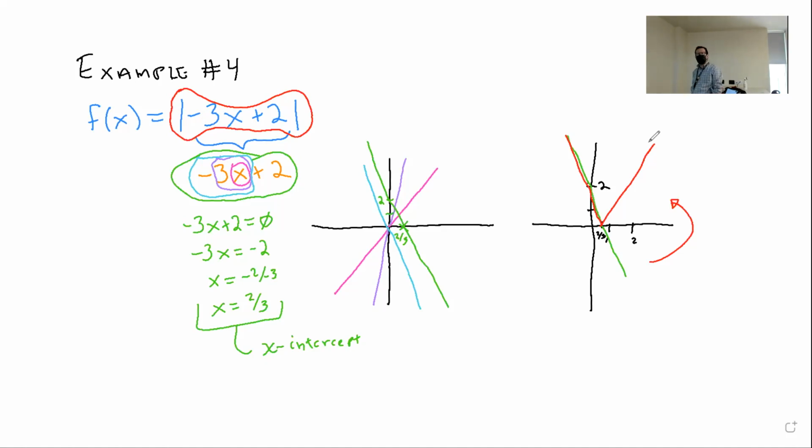Yes. So the line of graph that matters is the green. Yeah, so we're always going to graph the green one, which is whatever is inside the absolute value. Once we have that graph, the only thing we're going to do is cut off the negative part and flip it over to the positive.